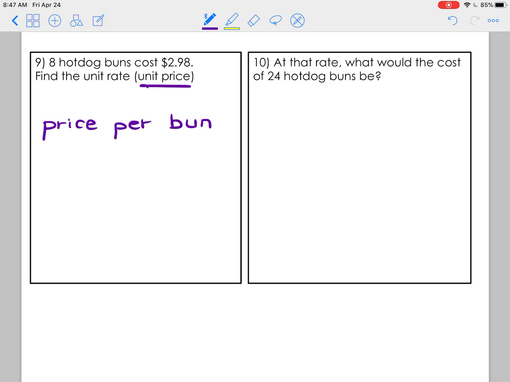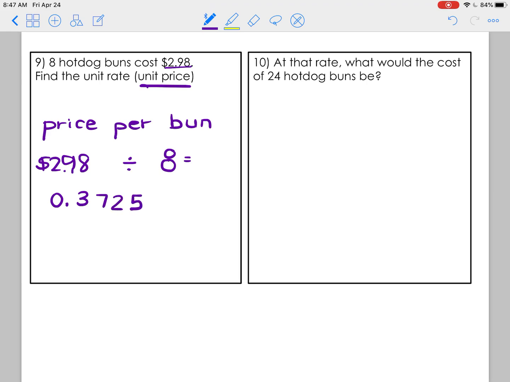The price, we know, is $2.98. The word per tells us we're going to be dividing. We're going to divide that amongst 8 hot dog buns. Okay. And again, we can just plug this into our calculator. $2.98 divided by 8 gives us 0.3725.